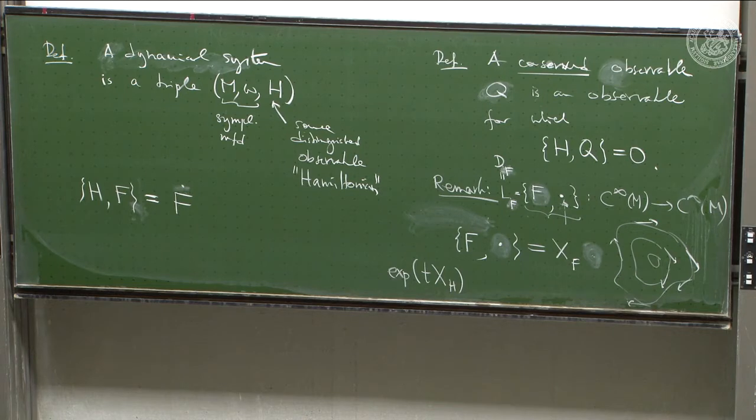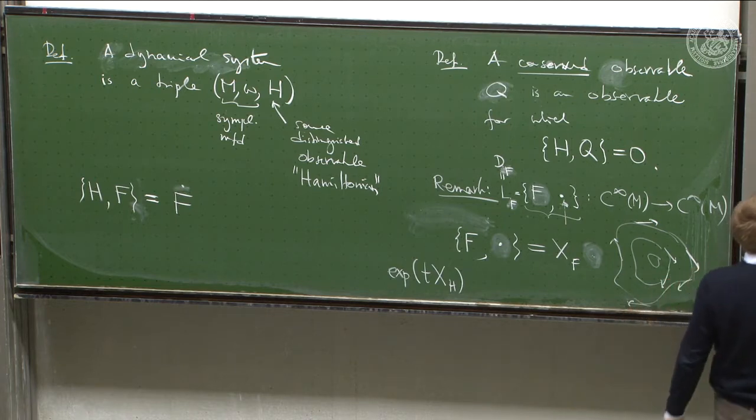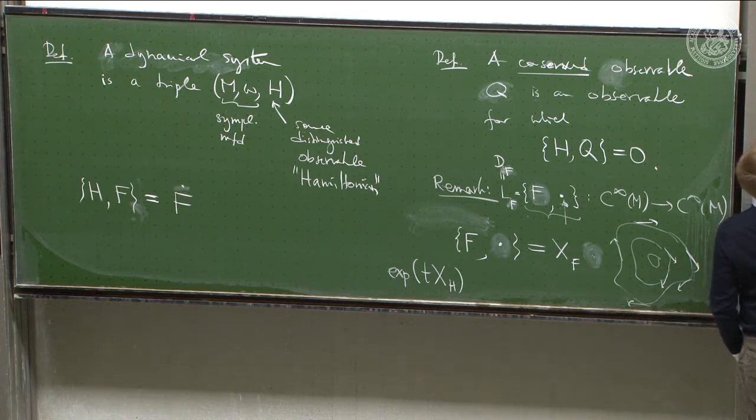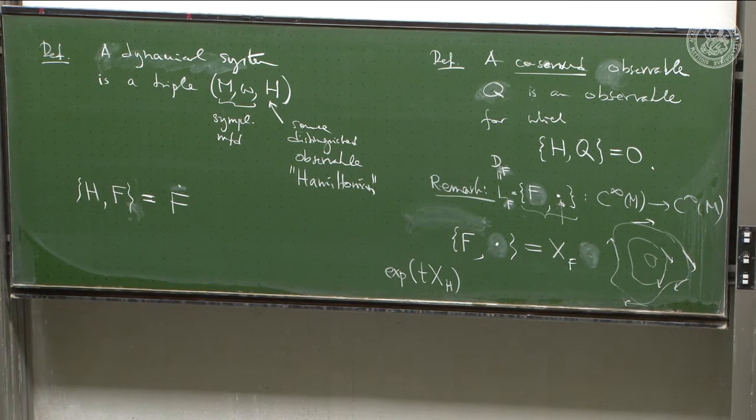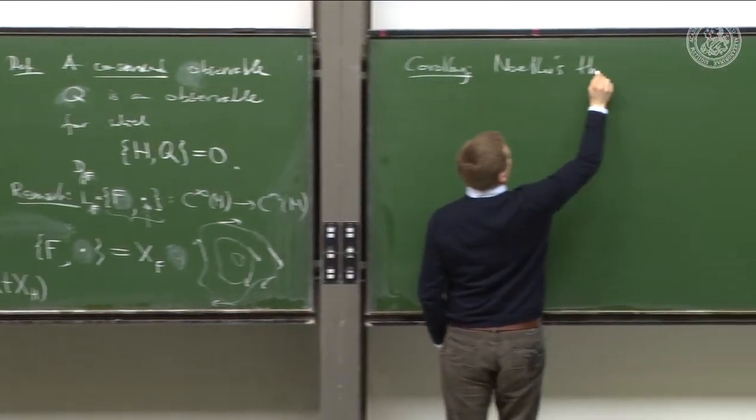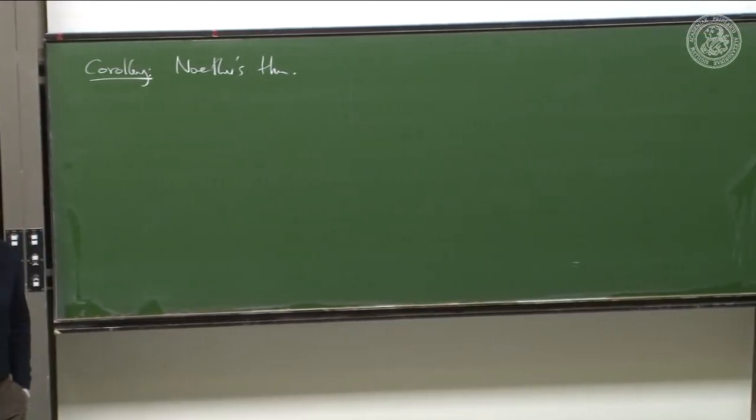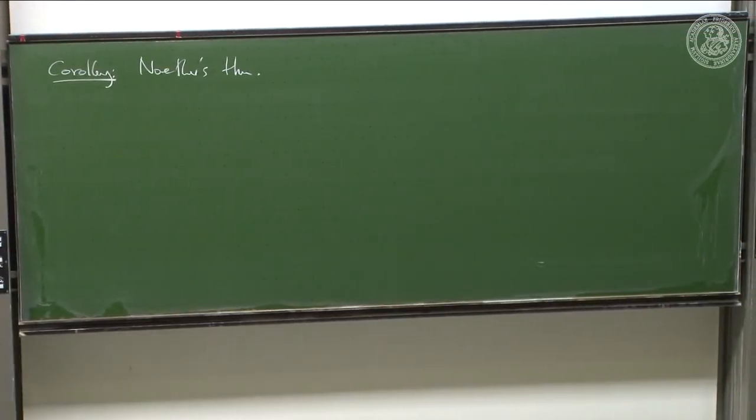Now I would like to make an important distinction. Well, first of all, we have the Noether theorem. Well, a corollary of all this is Noether's theorem. In Lagrangian mechanics, one often makes a point out of showing this in the most arcane way.